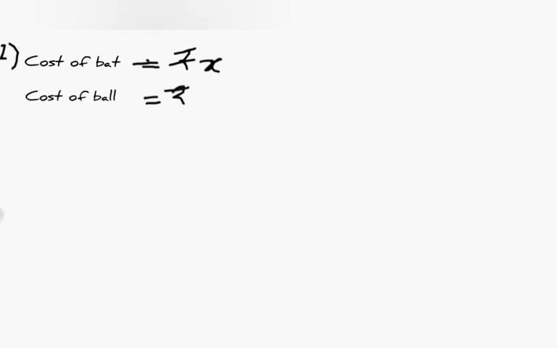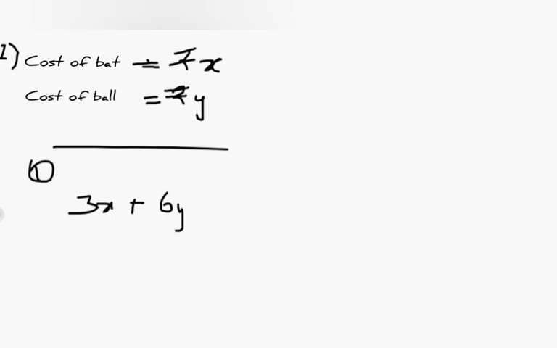Okay, so here we will take the cost of a bat as rupees X and the cost of a ball as rupees Y. So in the first case, it is given 3 bats and 6 balls for 3,900. So 3 bats, that is 3x, plus 6 balls, that is 6y, is equal to 3,900.